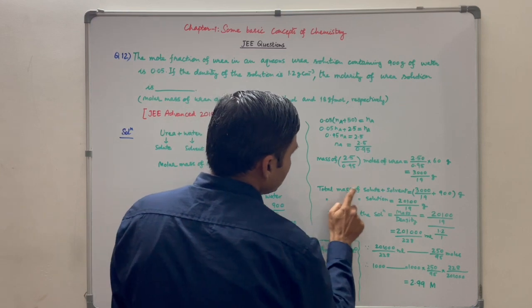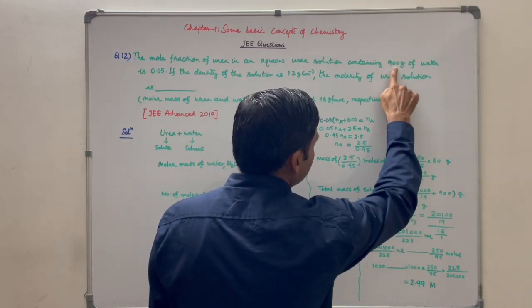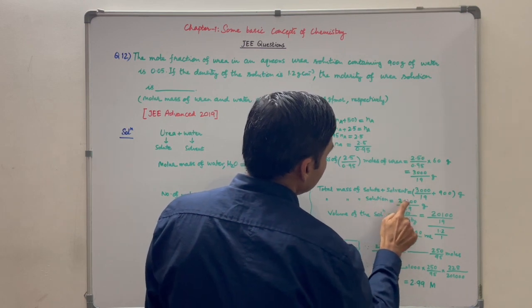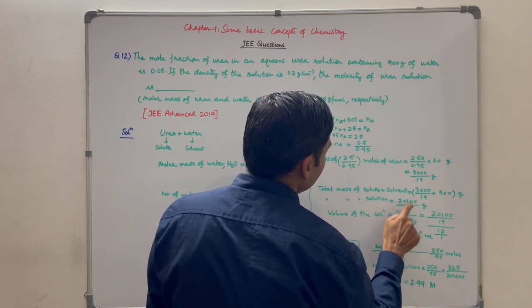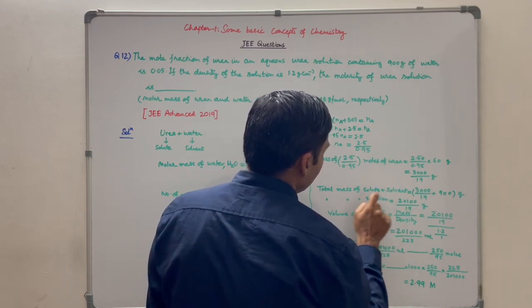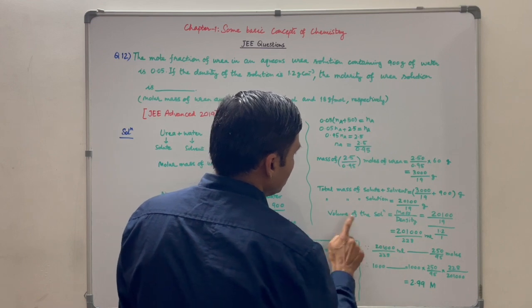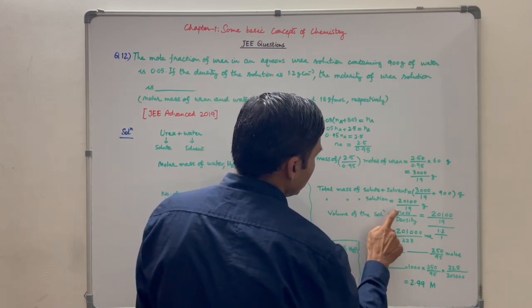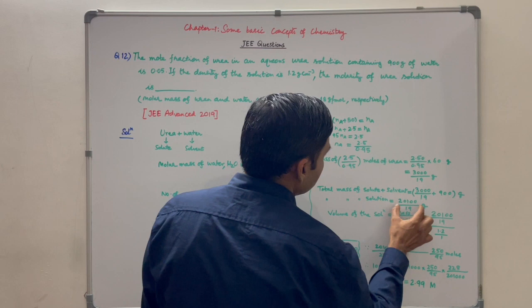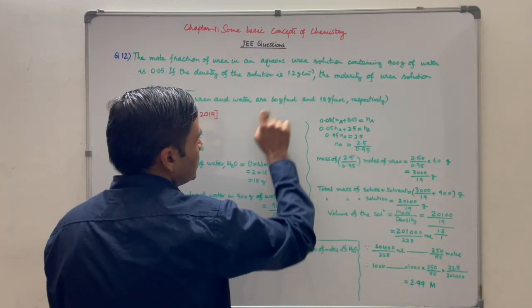Now total mass of solute plus solvent will be mass of solute plus mass of solvent, and that comes out to be 20100 upon 19 gram of solution, because solution is mass of solute plus mass of solvent. Now we will calculate volume of the solution. So volume of the solution is equal to mass of solution upon density of solution. Mass of solution is this and density is given as 1.2 gram per centimeter cube.